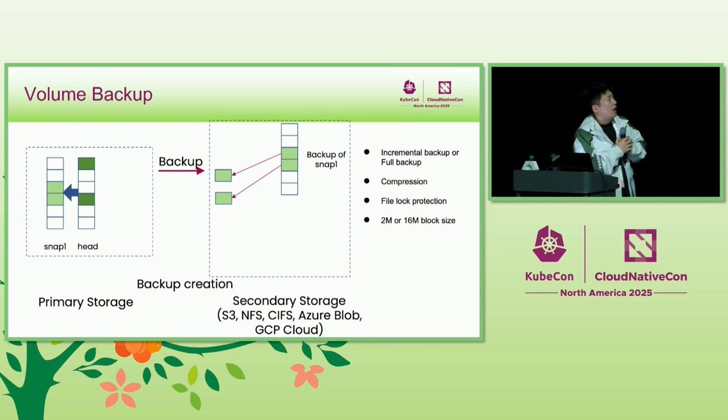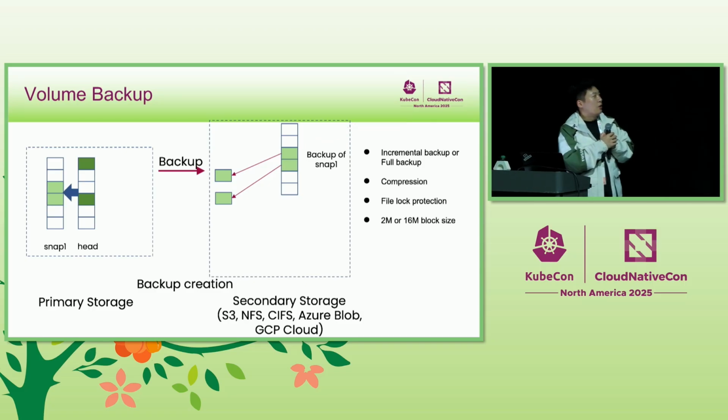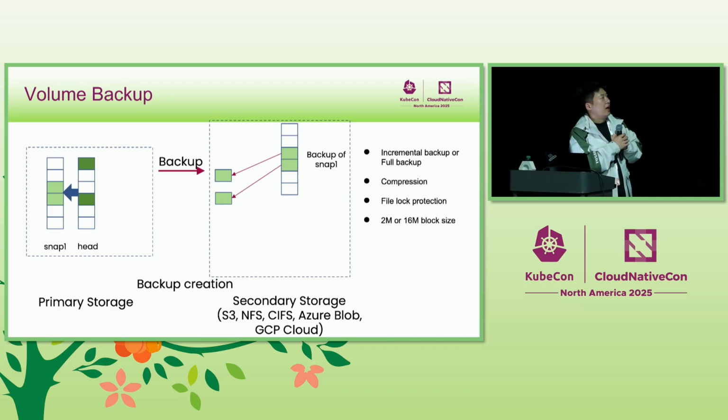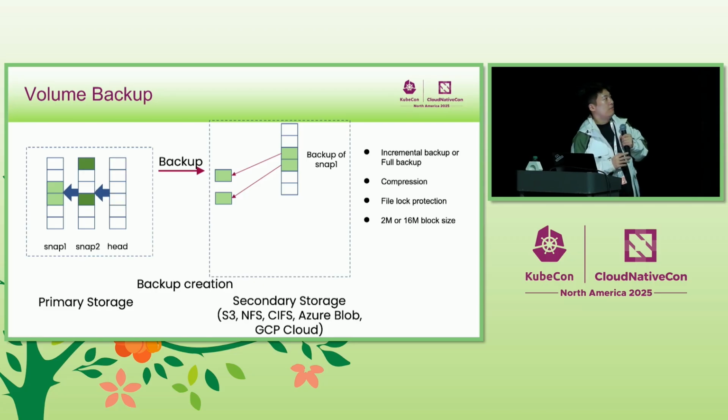Then more data is written into this volume and recorded in the current volume head. At this moment, if the user wants to create one more backup, Longhorn will automatically create a corresponding snapshot first, which is snapshot 2, then back up this snapshot.